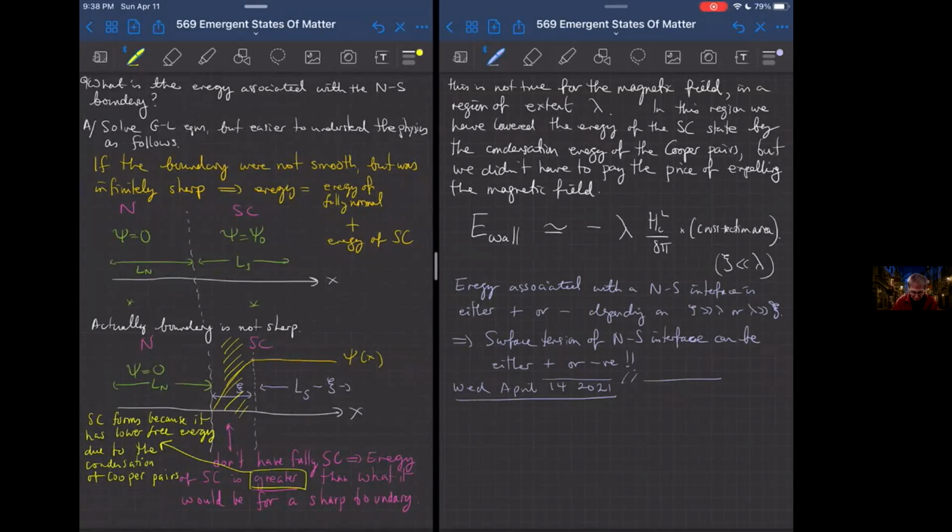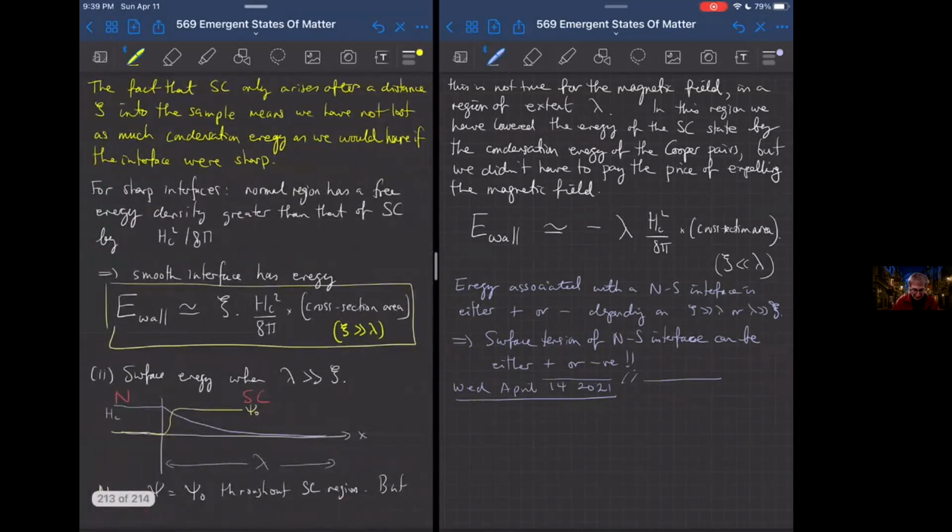And so what that means is that the energy was higher than it otherwise would have been. And so we've discovered then that the energy of a domain wall between normal and superconducting state was given by the correlation length times the cross-sectional area of the superconductor times the difference between the free energy of the superconducting and normal states, which we know is the thermodynamic critical field Hc squared over 8 pi.